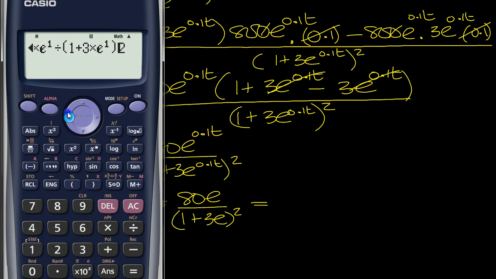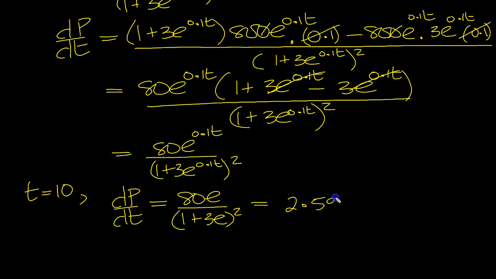Oops, let's go back, it was squared, wasn't it? Equals 2.5946, which is 2.595 to 3 dp.